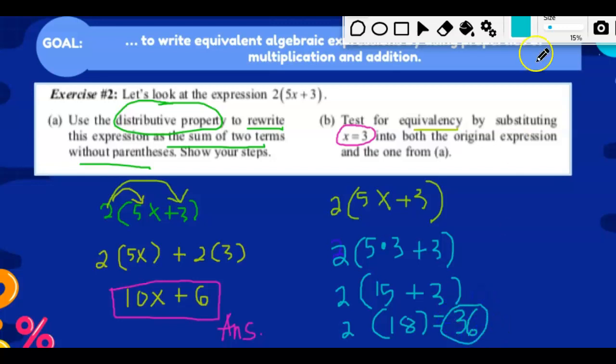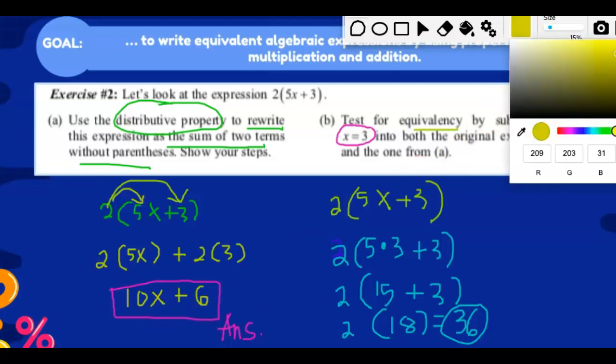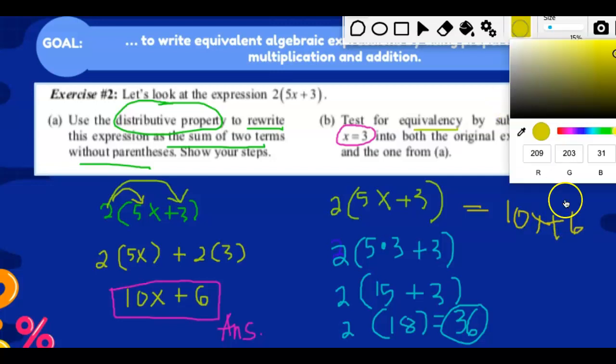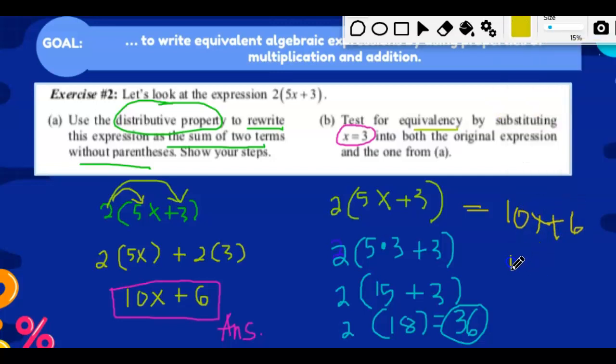So let's see if using the equivalent expression that we've created, we are able to find 36. So the expression that we have is 10x plus 6. We said that these two are equivalent to each other, right? 10x plus 6. Well, my pointer is not correct. So that becomes 10 times, let's say the value of x is 3, plus 6.